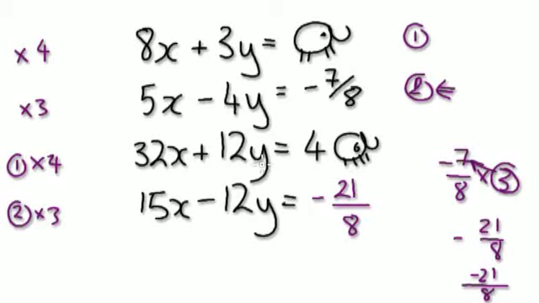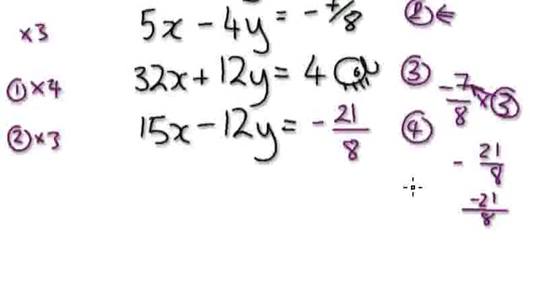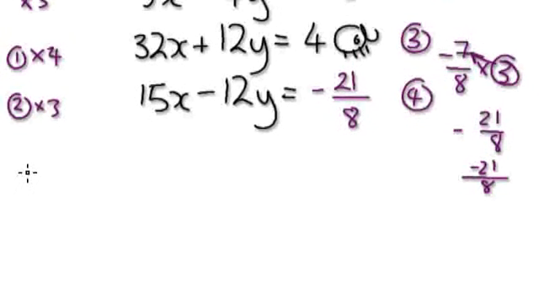It's the same thing. Okay, so now notice that you've got negative 12y, and then you've got a positive 12y. So if you add the two equations together, let's call this equation 3 and equation 4. Now let's get equation 3 and add it to equation 4.